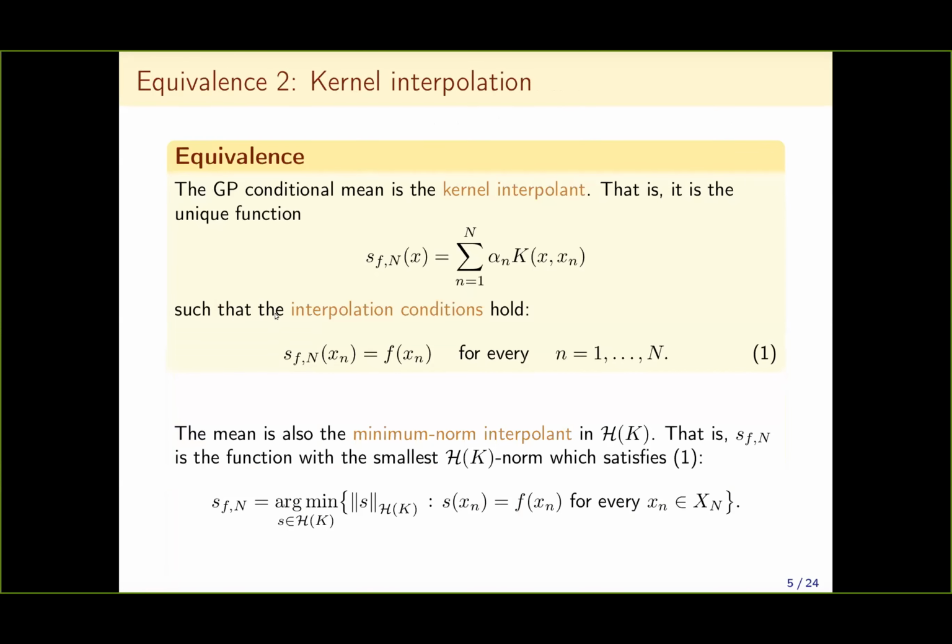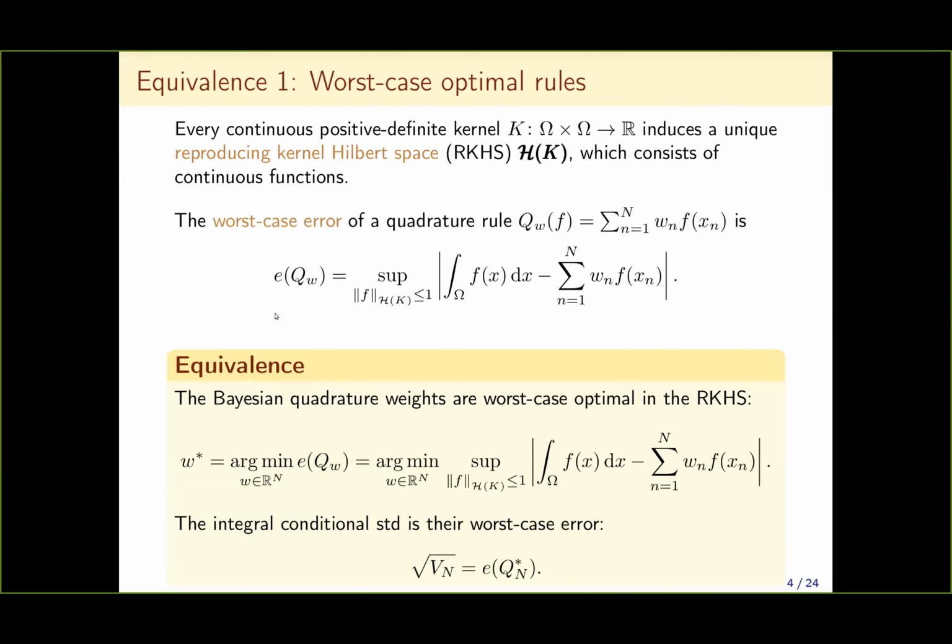We can then define the worst case error of any generic quadrature rule, which has this form of a weighted sum of function evaluations, by taking a supremum over the unit ball of the RKHS. So this worst case error E_Q is just a maximal numerical integration error for functions within the unit ball of the RKHS.